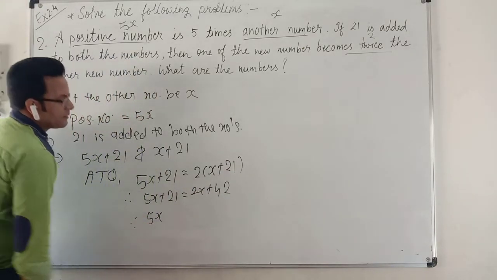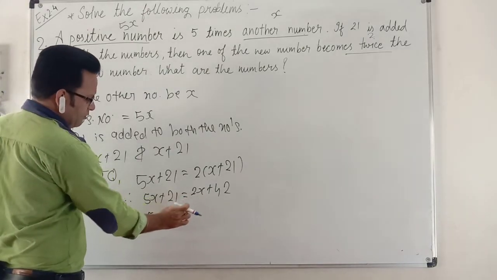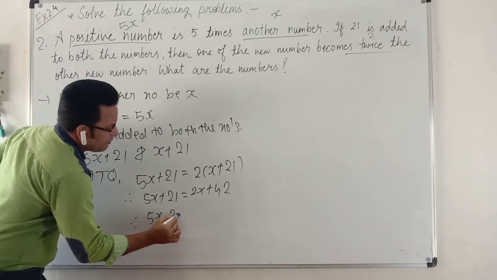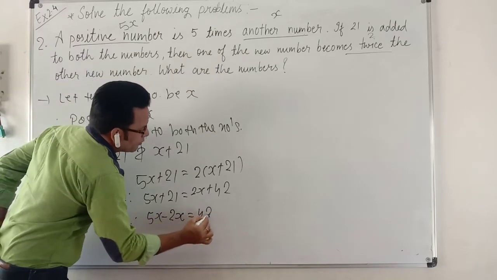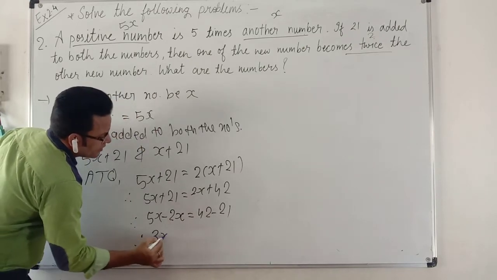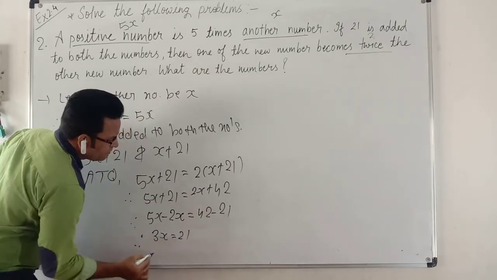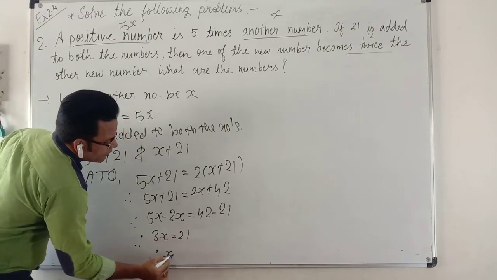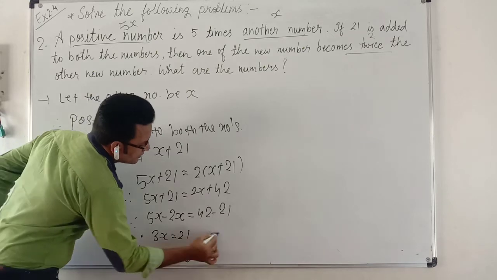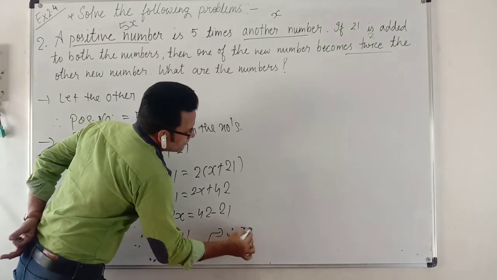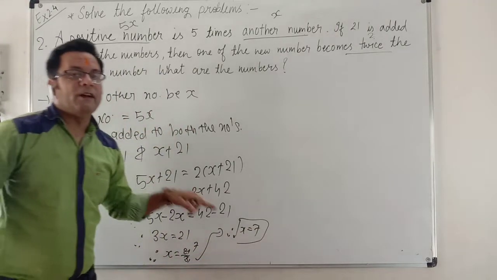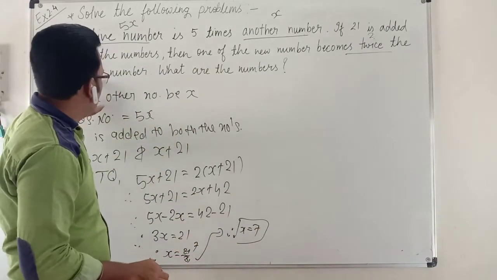Therefore, 5x, this 2x will be negative, this 21 will be negative. So 5x minus 2x is equal to 42 minus 21. Therefore, 3x is equal to 21, and therefore x is equal to 21 upon 3, 3 sevens are 21. So x is equal to 7. You got the value of x.